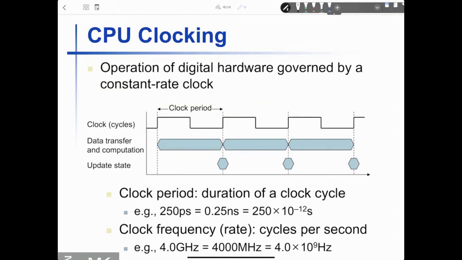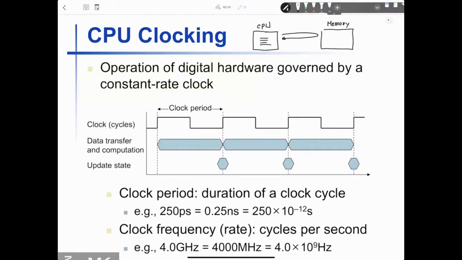Before we continue the performance measurement, we'll look at the CPU clocking. As I mentioned, the main component is a processor, the CPU, and there is a memory. The CPU reads memory data and then executes instructions.